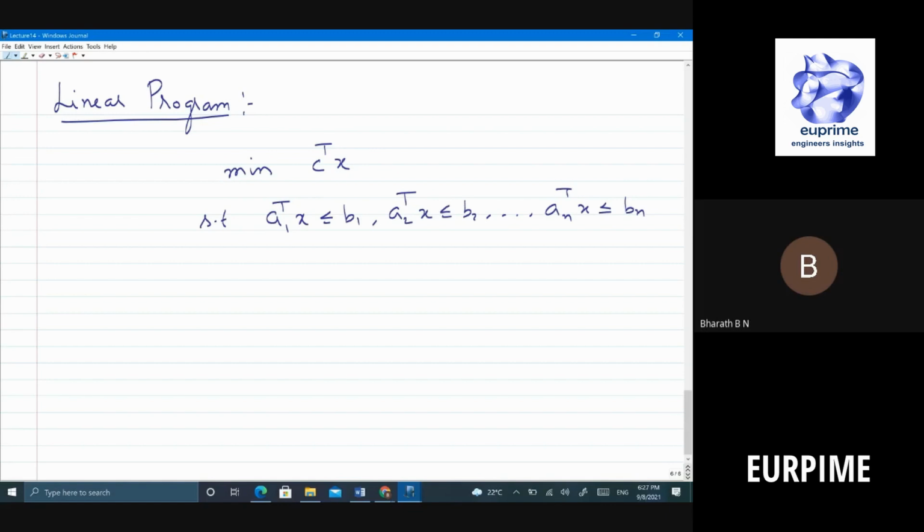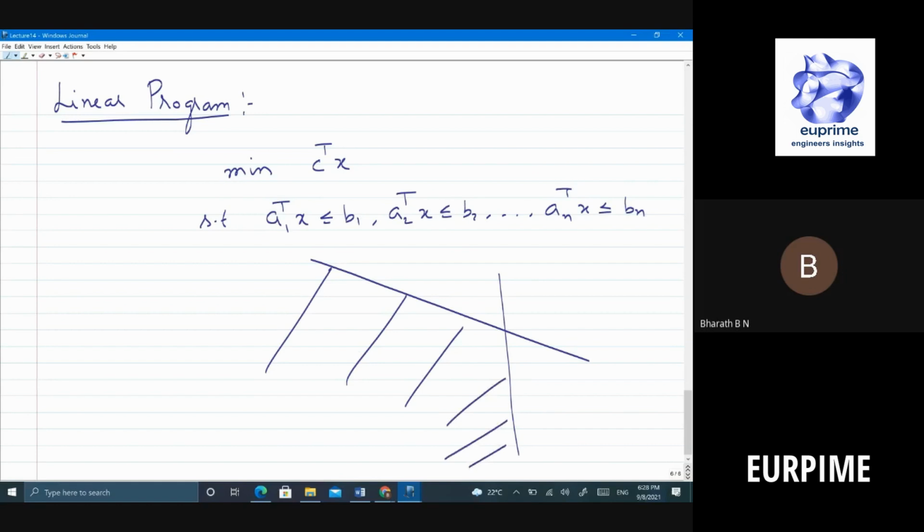What does that correspond to? All the half space, right? What does A2 transpose X less than or equal to B2 correspond to? Right? What does intersection correspond to? A3, A4, maybe like this, right? Not necessarily, but you'll get some sort of a polygon, right?